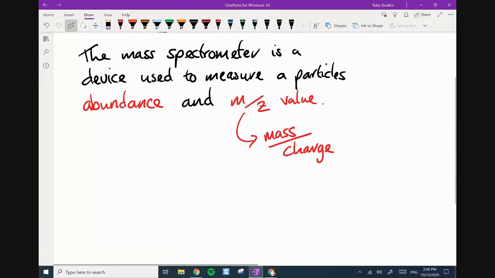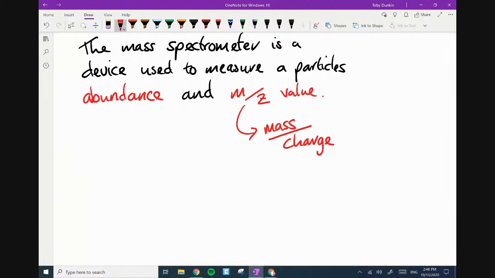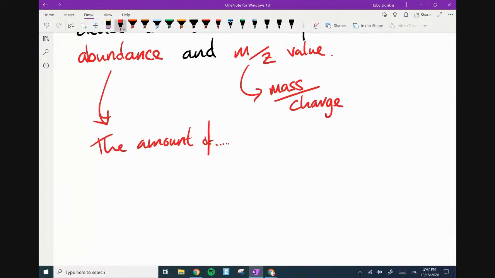Okay, so the word abundance. The amount of, dot, dot, dot. The amount of, quantity of. Yes, same thing. Well done, Aisha. I'm tempted to mention the word ratio here.